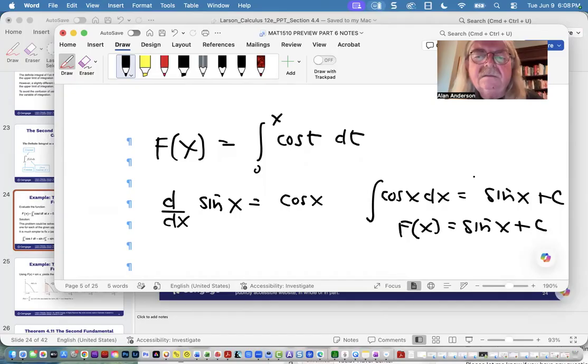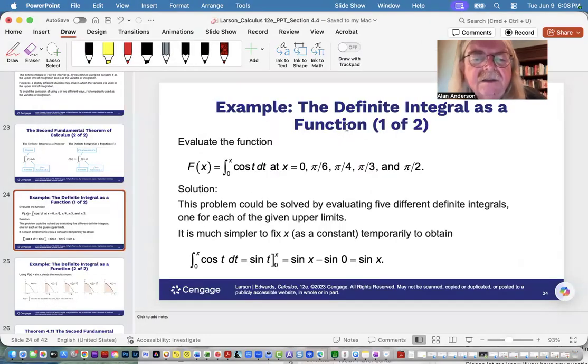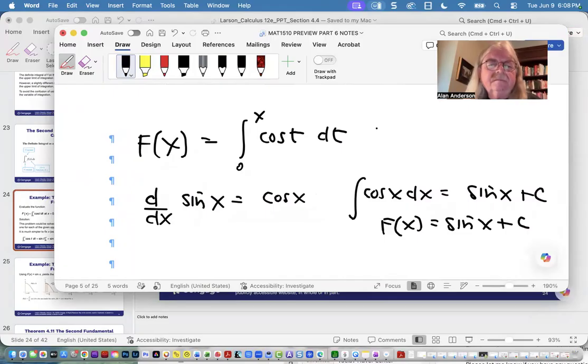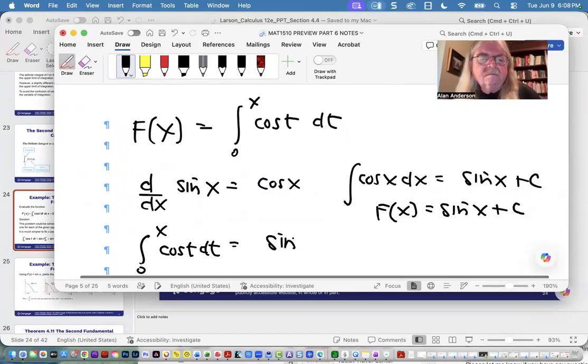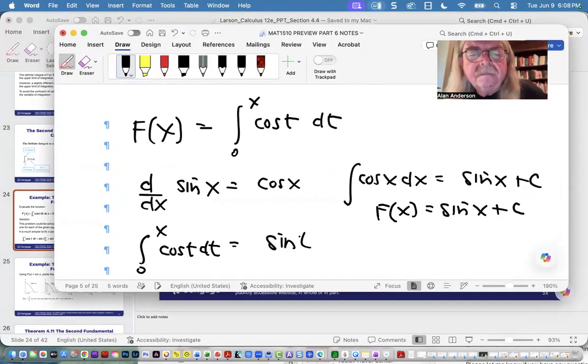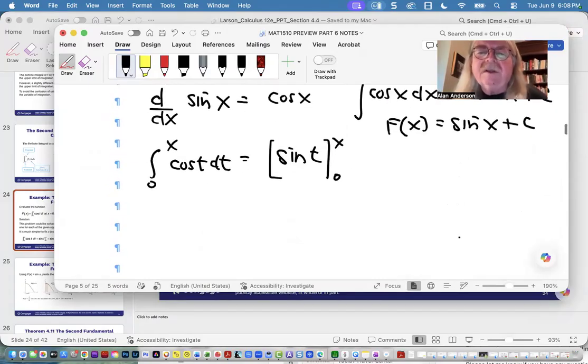Okay. Now here, because we're evaluating an area, we're going to use 0 up to x, which means we need the dummy variable t. And so they're going to have us evaluate it. And of course, we'll evaluate it at x and then at 0 and then subtract one from the other.